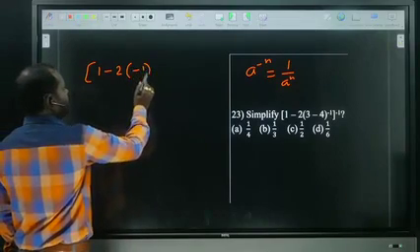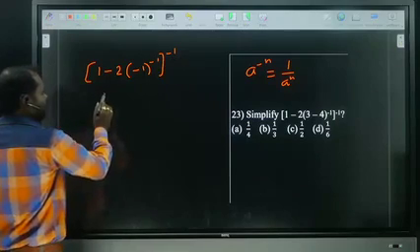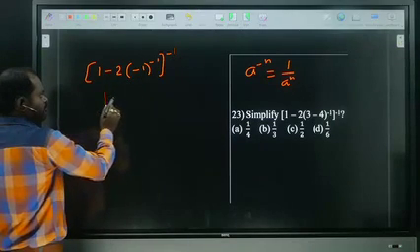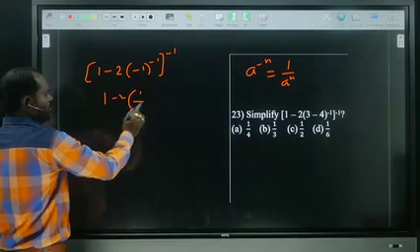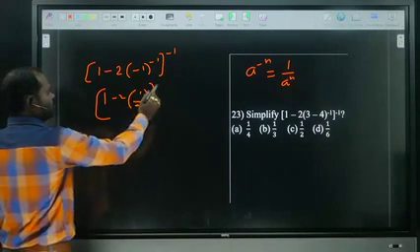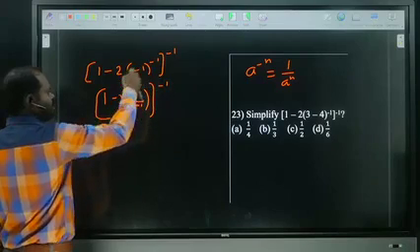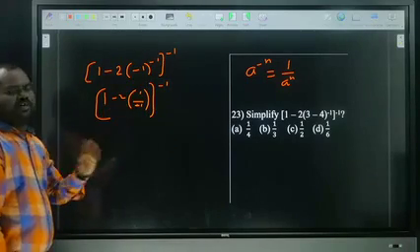Minus 1 whole power minus 1. 1 minus 2, it will become reverse: 1 by minus 1. This minus 1 take into denominator becomes positive. Now minus into minus, plus.